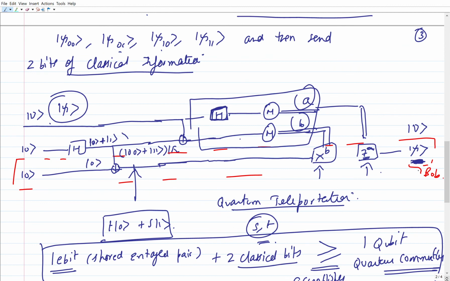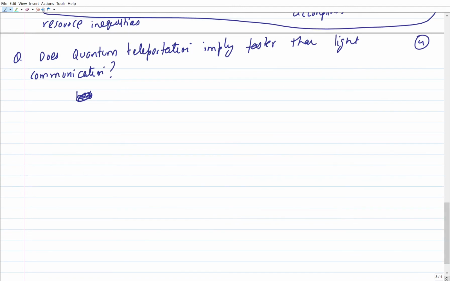Does it imply, see, these gates and measurements are happening instantaneously, but essentially Alice still needs to communicate these two bits A and B to Bob, and that cannot happen faster than light. So no, in quantum teleportation, just because two classical bits of information still need to be sent, and that cannot happen faster than light.